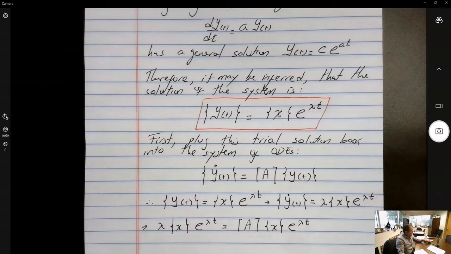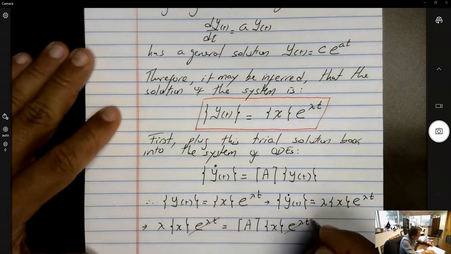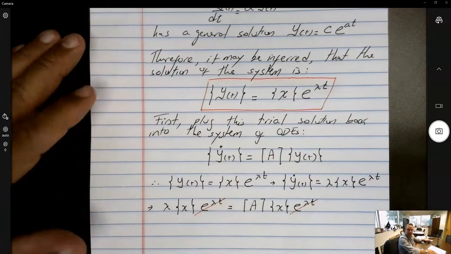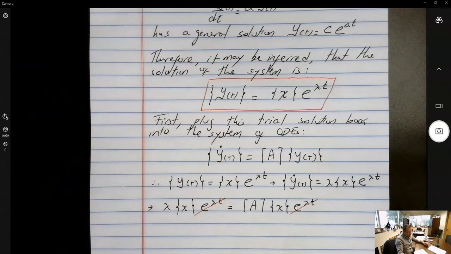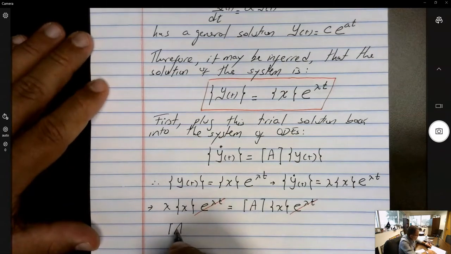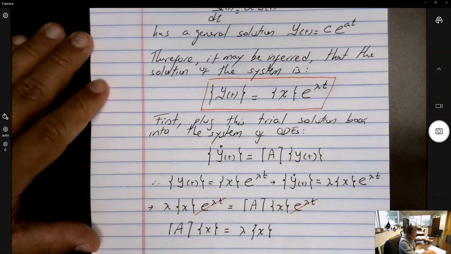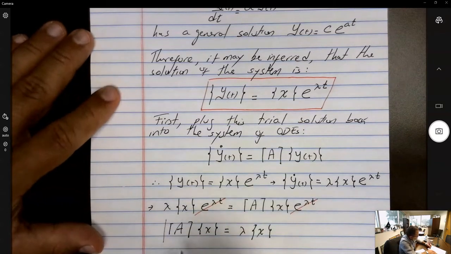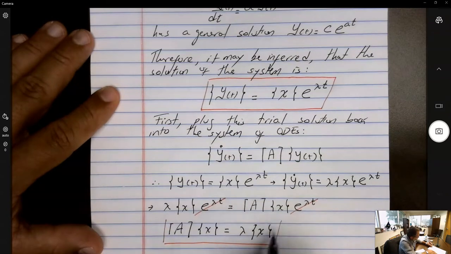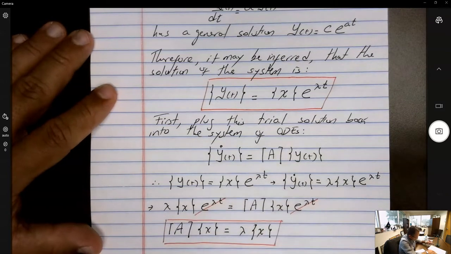Okay, I can see very clearly that the exponential functions cancel out on both sides. And what I get is, I'm going to just flip this over and say that A times x is equal to lambda times x. So this is how I get those lambdas and those x's.